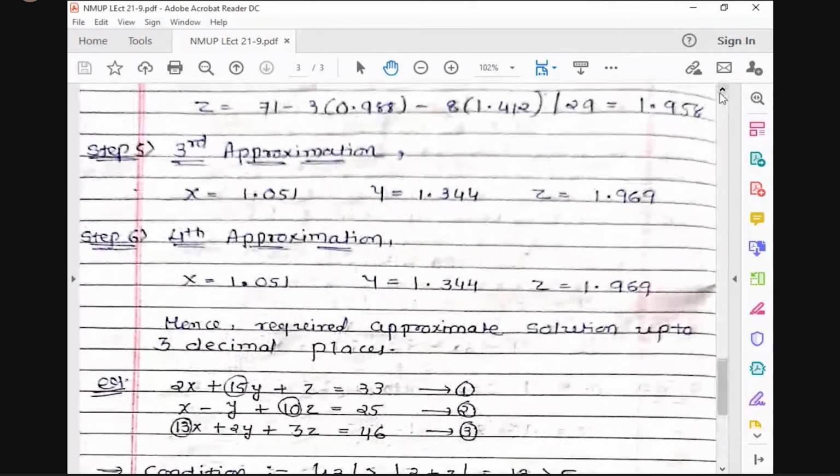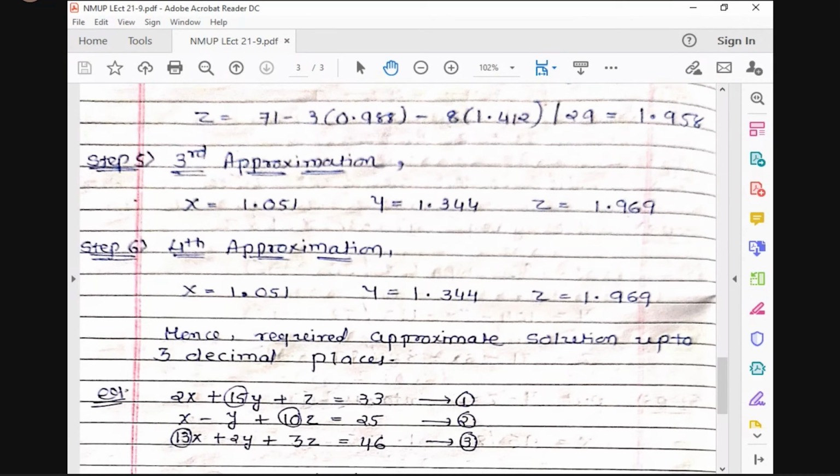Note down this example in your book and just tell me the values of x, y, and z, and after how many iterations you got that value. Have you noted down this example? Just write down in the chat box yes or no.